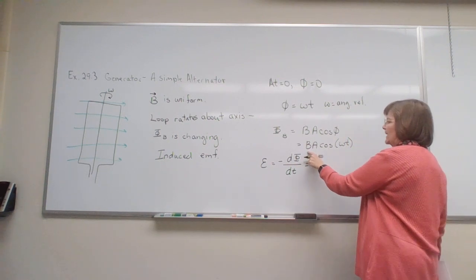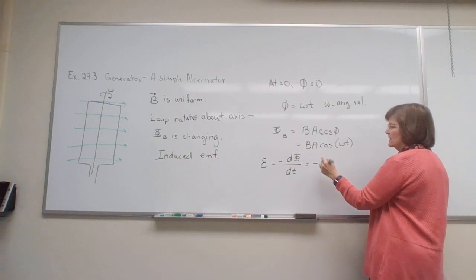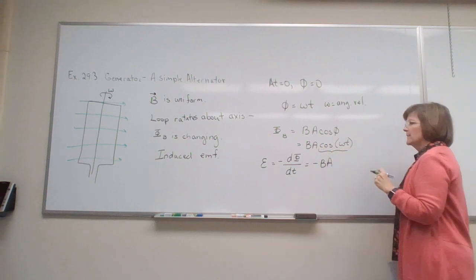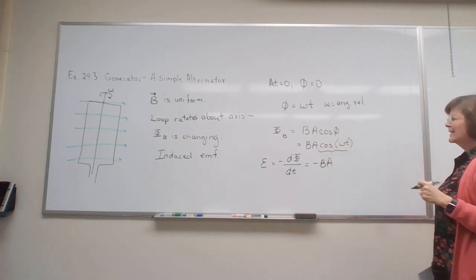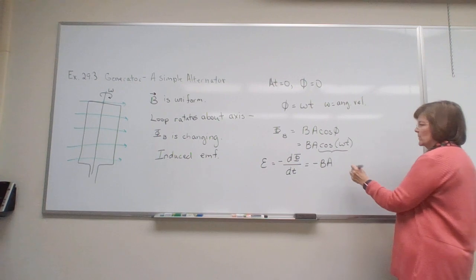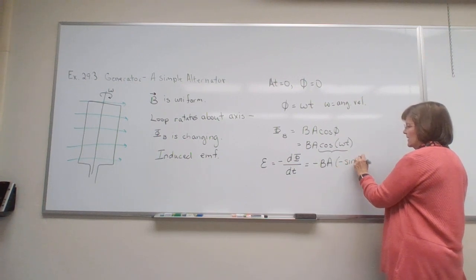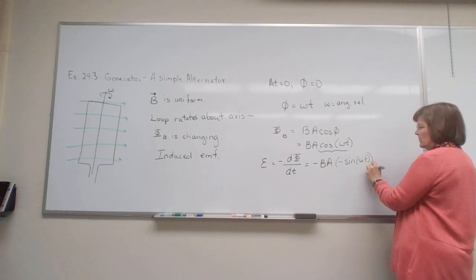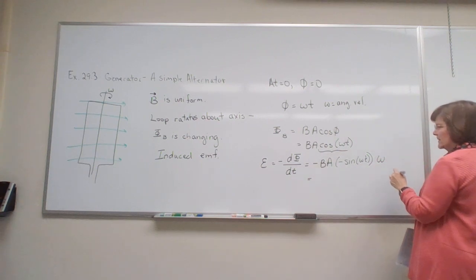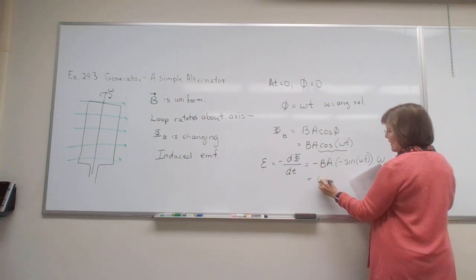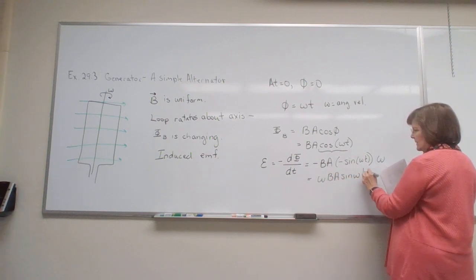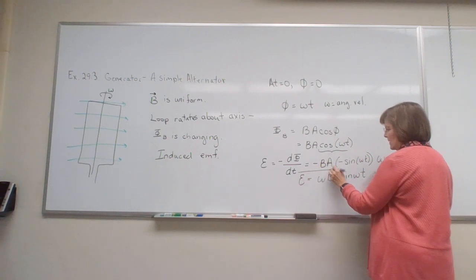The magnitude of B is constant and the magnitude of A is constant, so they just come right out. It's the angle part that's changing with time. What is the derivative of cosine? It's negative sine, so we get negative sine omega t, but we have to do a chain rule, times omega. So the induced EMF is going to be positive: omega B A sine omega t.